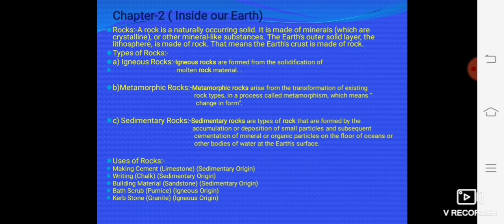The result is a profound change in the physical properties and chemistry of the stone. The original rock, known as the protolith, is transformed into another mineral type or another form of the same minerals by recrystallization. The temperature and pressure required for this process are always higher than those found at the Earth's surface.